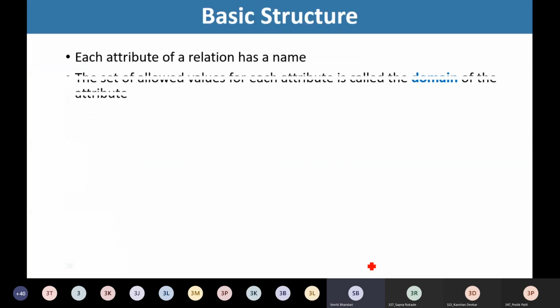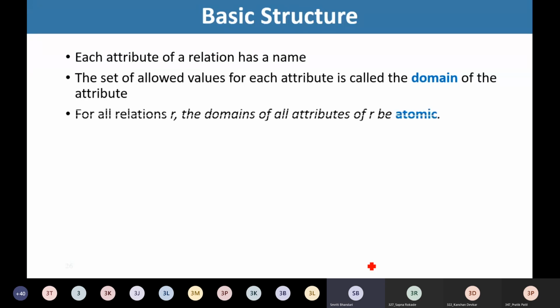As we have already stated this, each attribute of a relation has a unique name. The set of allowed values for each attribute is called as the domain of the attribute. For all relations R, the domains of all attributes of R be atomic.